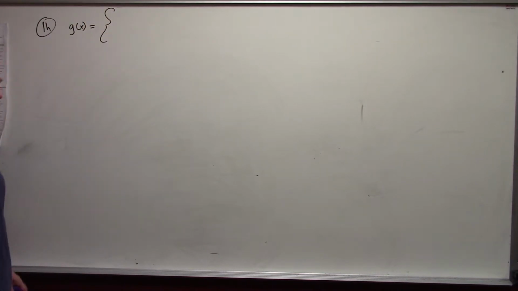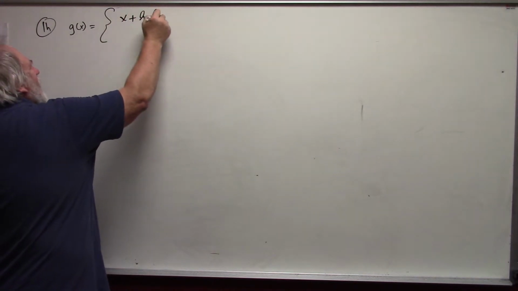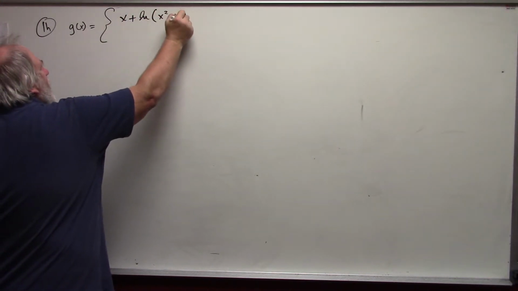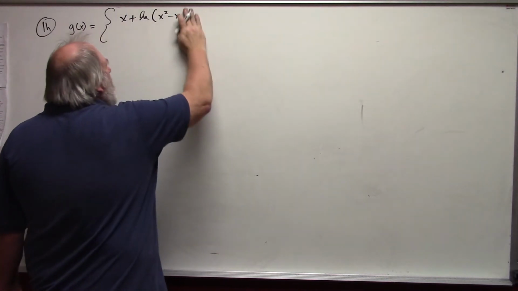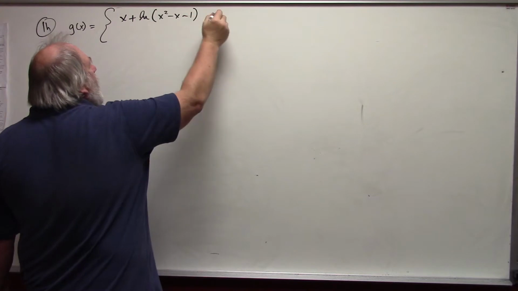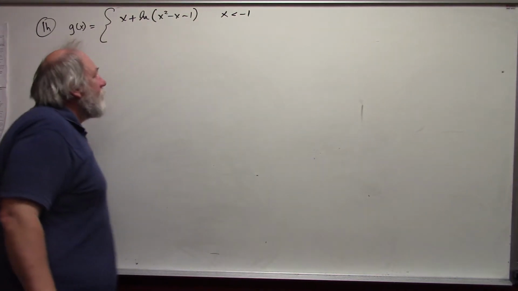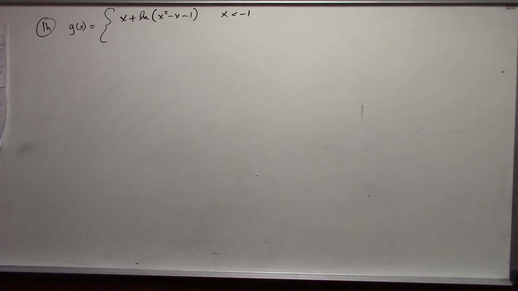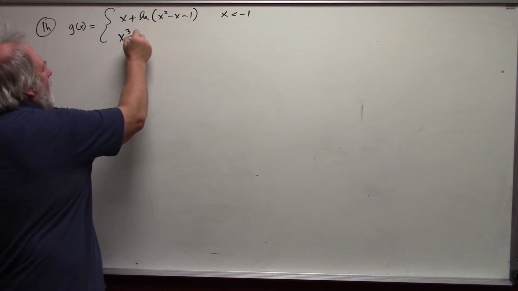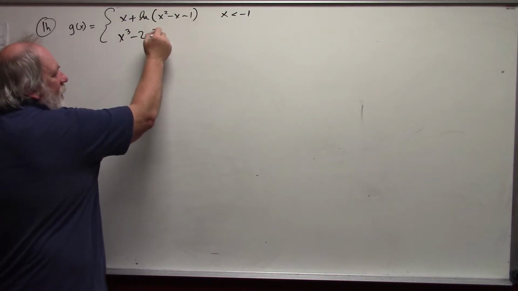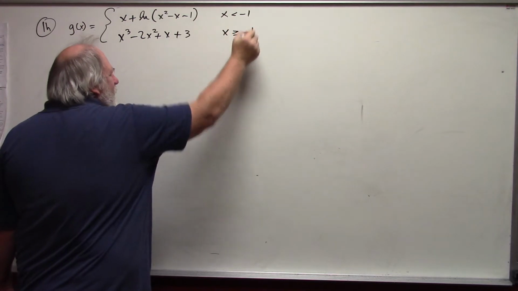G of x is x plus the natural log of x squared minus x minus 1 if x is less than negative 1, and x cubed minus 2x squared plus x plus 3 if x is greater than or equal to negative 1.